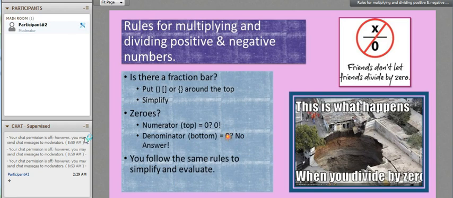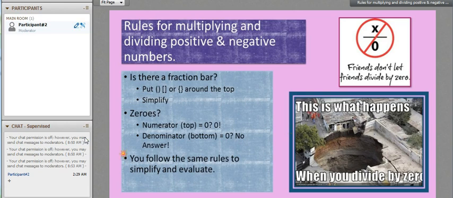It's undefined. If you put it in a calculator, it says error. The world implodes. Gone. Do not divide by 0. You got to keep an eye out for that. There's no answer if the denominator at the bottom is 0. Just know that you cannot divide by 0. There's no definition for that.